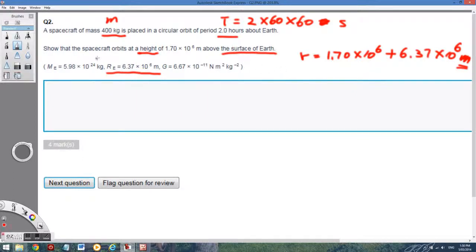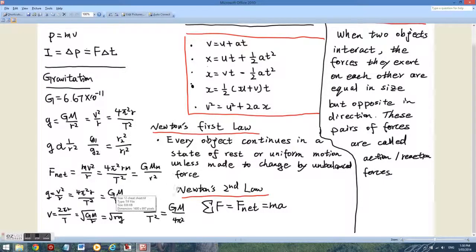Now we need to find the height, which is related to the radius. We need to find the appropriate equation relating the radius with time. Look at your formula sheet. What I found is Kepler's equation. This one here.